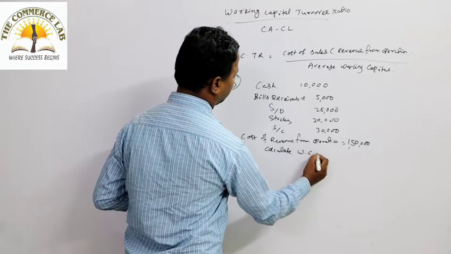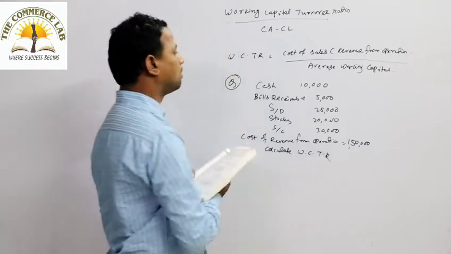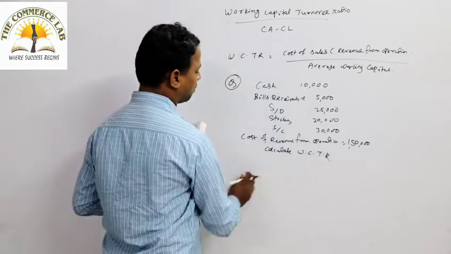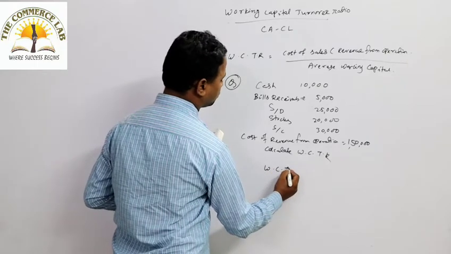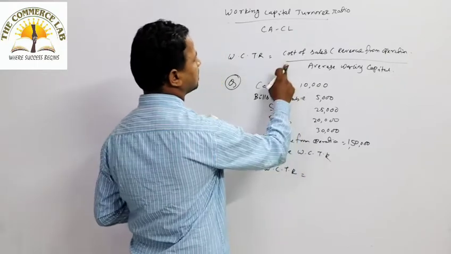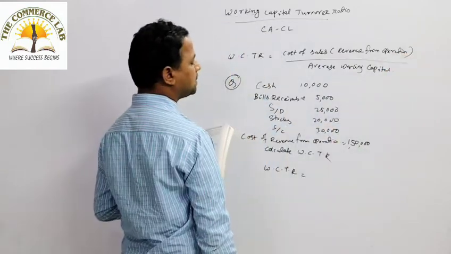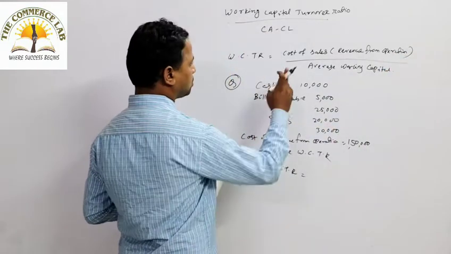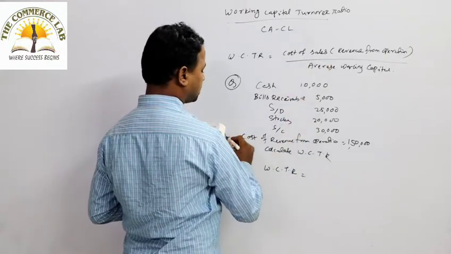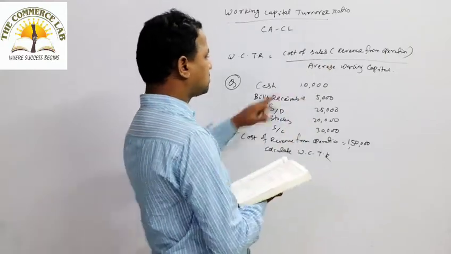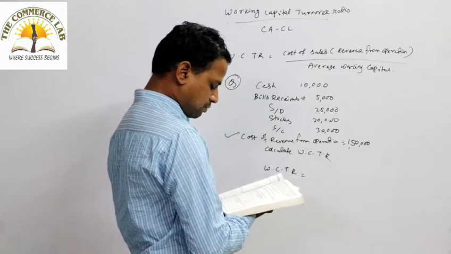Calculate the working capital turnover ratio. What is the formula of working capital turnover ratio? We know the formula: cost of sales or revenue from operation divided by average working capital. Cost of sales or revenue from operation is given in the question. The only thing is we have to calculate the average working capital.